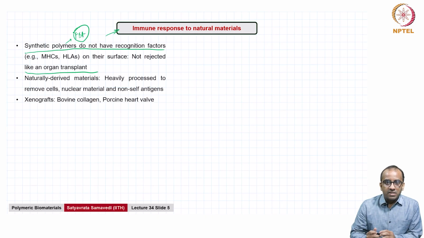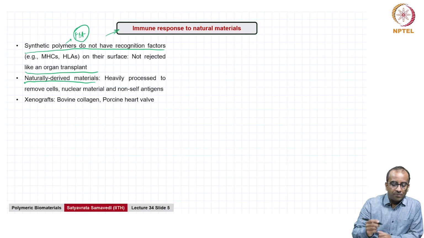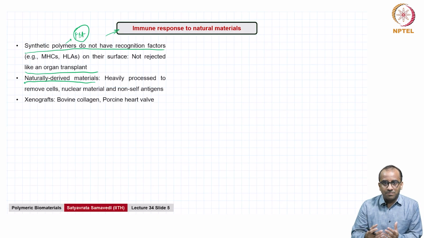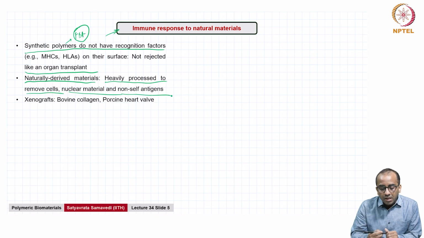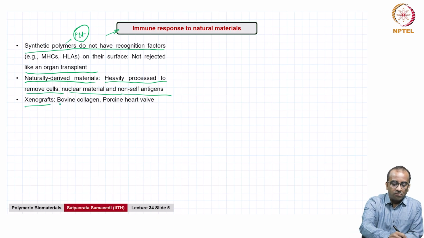Naturally derived materials have other risks because they have cells and proteins that could serve as antigens in the host. So all of these factors have to be considered. Typically they are heavily processed to remove cells, nuclear material and any non-self antigens. Two examples of xenografts that are typically used are bovine collagen and the porcine heart valve.